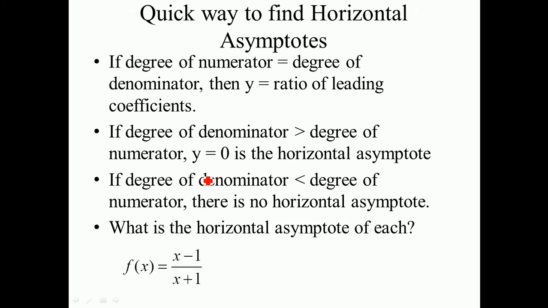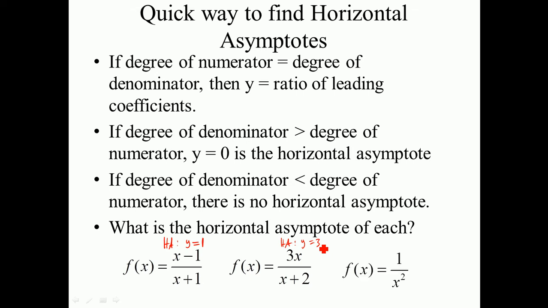For example, here, since the degrees are the same, both of the leading coefficients are 1. That means the horizontal asymptote is its ratio, which is just y equals 1. Here, same thing. The degrees are the same, so with the ratio of the leading coefficients, your horizontal asymptote is y equals 3.